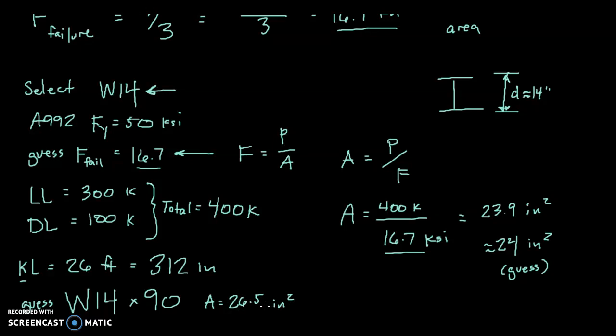I also am going to need to know its least radius of gyration. So there's Rx and there's Ry. Rx is 6.14 and Ry is 3.7. So the Ry will always be the lesser of the two. We need to know these numbers now in order to begin to analyze this column.